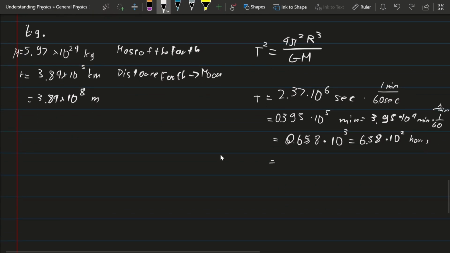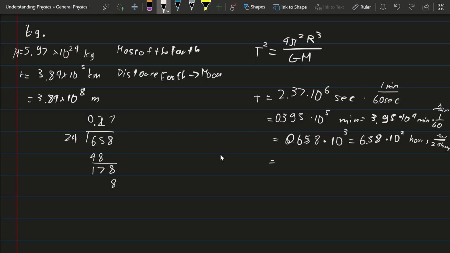And so converting this into days, in one day there will be 24 hours. So we divide by 24. Let's make it into 3 significant digits.